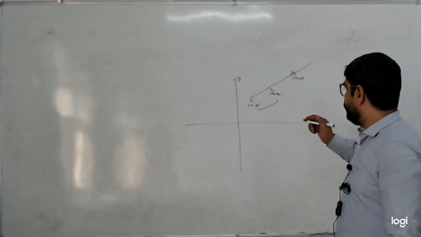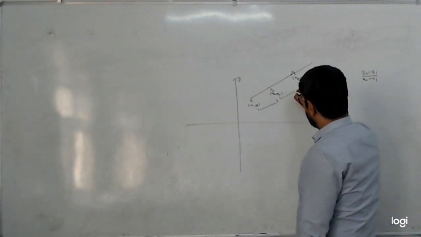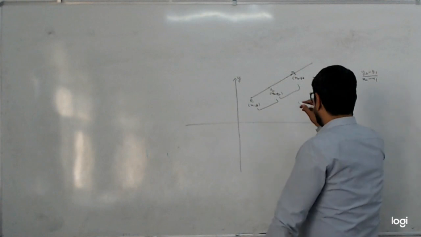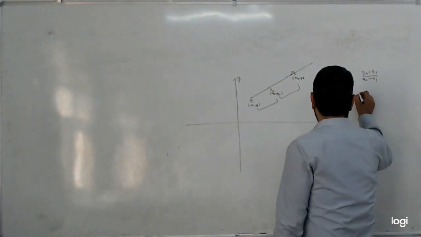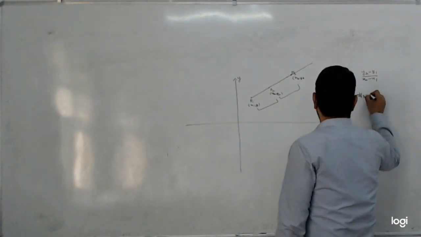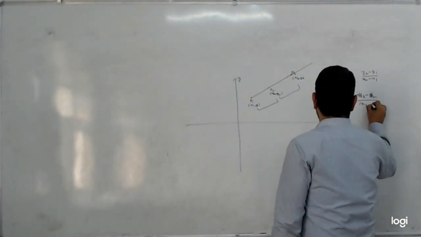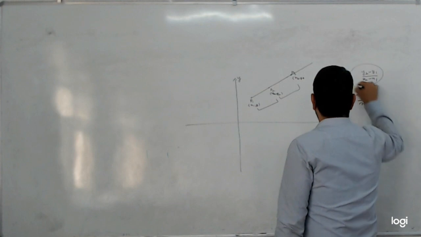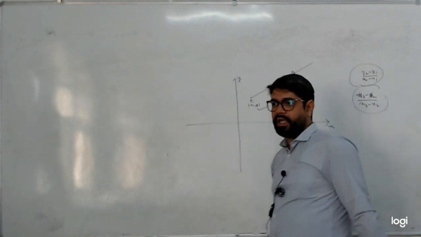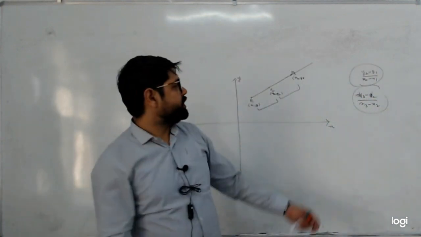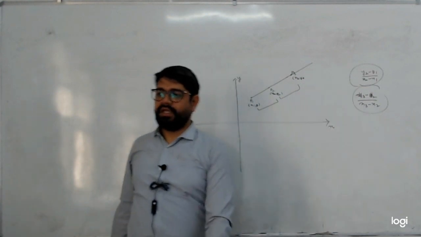Now again we will find the slope of the same line using these 2 points. What will be the slope in this case? This will be (y3 minus y2) upon (x3 minus x2). Now because these were lying on the same straight line, their slopes should be the same, that is, these conditions should be the same.